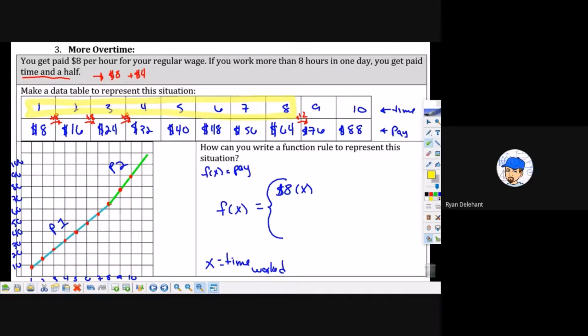And where it gets a little tricky is when we start talking about what happens after that. Because when we go to write an equation, and we'll get to domain in just a second, when we go to write an equation for the second part, when we work 9 hours, does it change the way that our pay is calculated for the first 8?